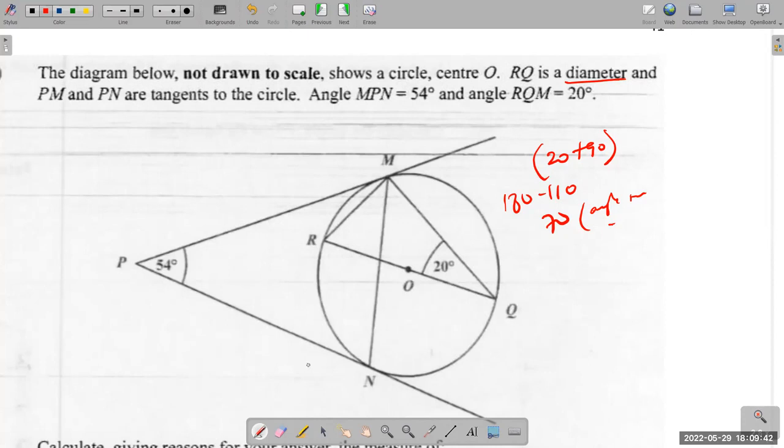M and R. What is M and R? This is interesting, you know. I'm going to show you why. Somebody kind of say it.